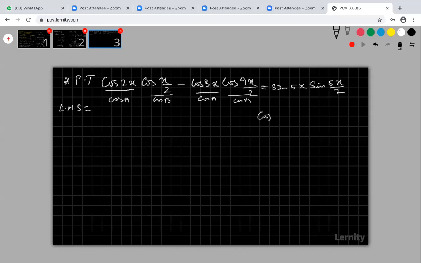The 2 cos X cos Y formula, that is the 21st identity. 2 cos A cos B is nothing but cos of A plus B plus cos of A minus B. This identity is given in x and y, but because x is there here also, that's why I'm using A and B. You just apply this identity here.